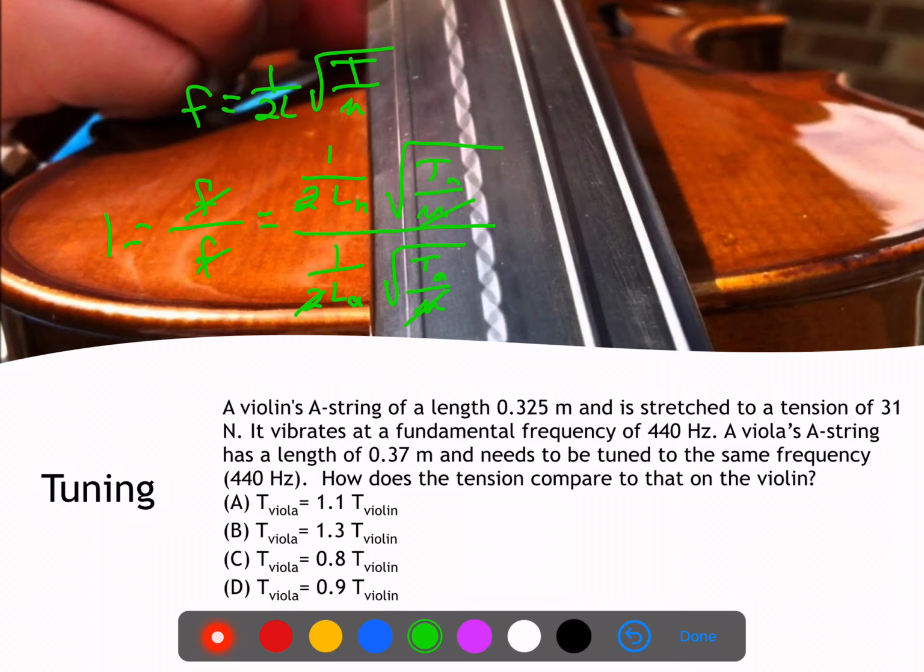So that's telling me that 1 is going to be equal to the length of the viola string over the length of the violin string times the square root of the ratio of the tensions here.